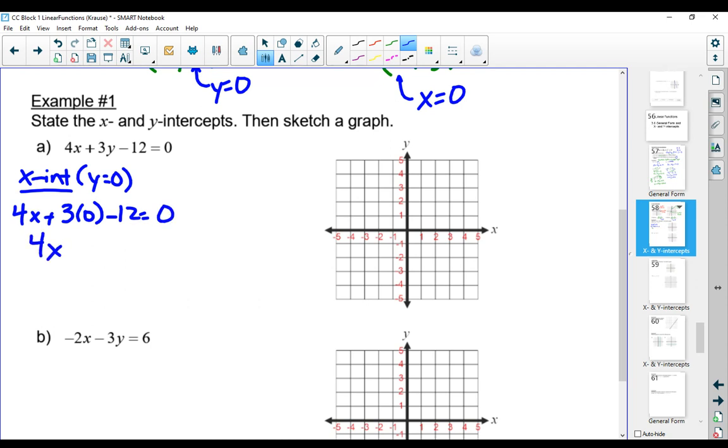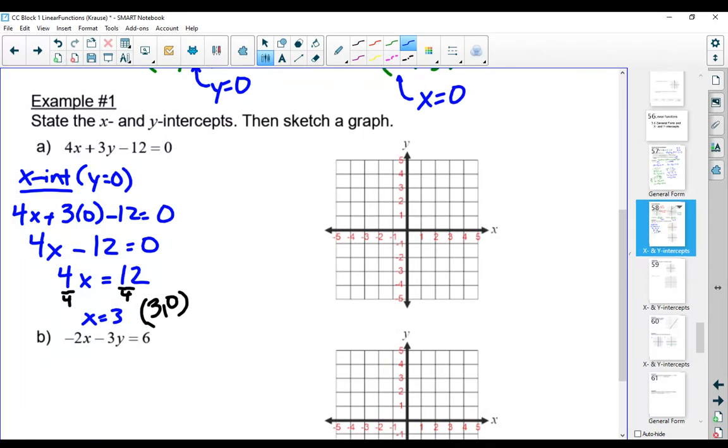So 4x, 3 times 0 is 0, minus 12 equals 0. Add 12 to both sides. We've got 4x equals 12. Divide each side by 4, and we have x equals 3. Writing that as a coordinate, we have 3, 0.